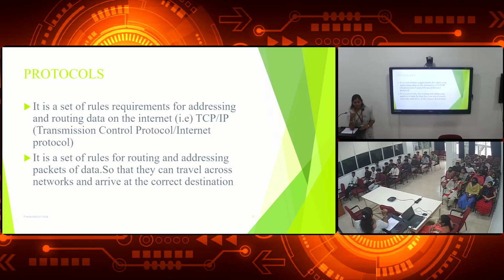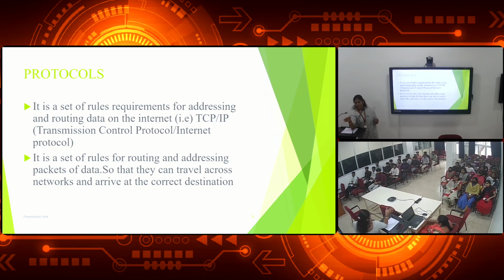Okay, the second one is a set of rules for routing and addressing packets of data so that they can travel across networks and arrive at the correct destination. Whatever you think of and search for, it will show at that destination. Okay?